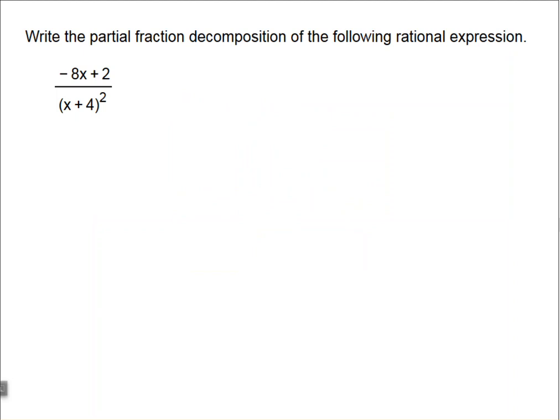So I'm going to set up the other side of my equation to be, since I have squared here, a over x plus 4 to the first plus b over x plus 4 to the second. So we have this repeated linear factor, and this is how we set up the partial fraction decomposition in order to solve it.